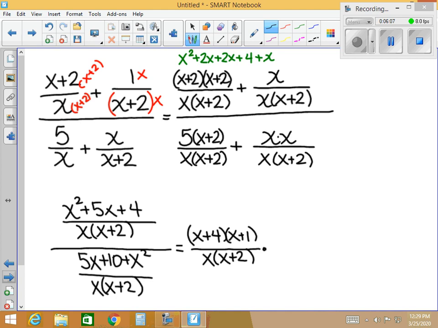When I flip it and multiply, the x and x plus 2 comes to the top. I'm going to write it in a nicer order. I'm going to put the x squared out front and the 5x in the middle and the plus 10 at the end.